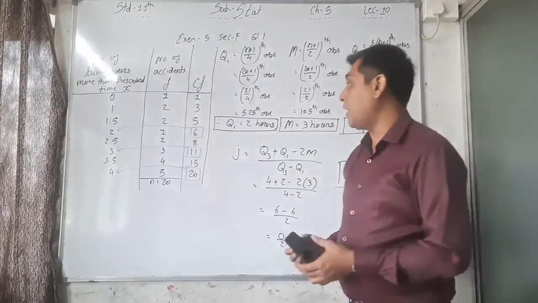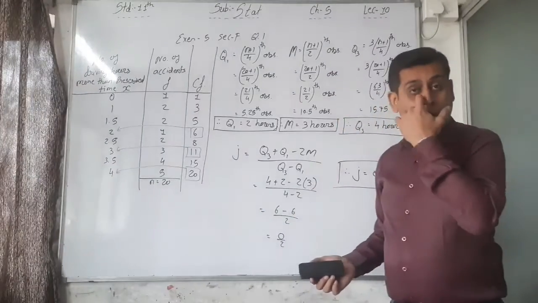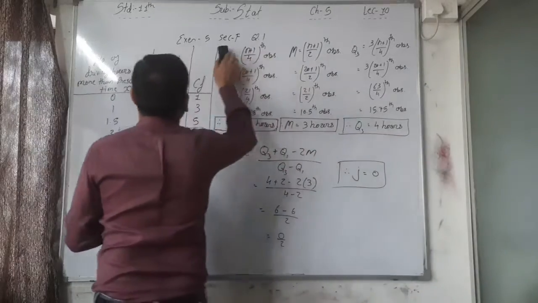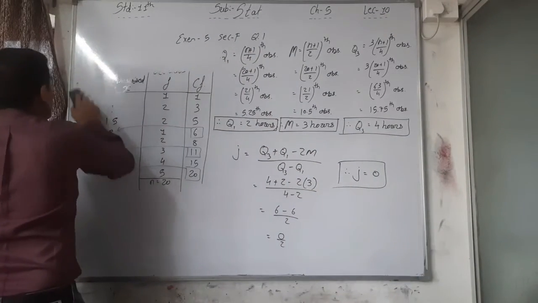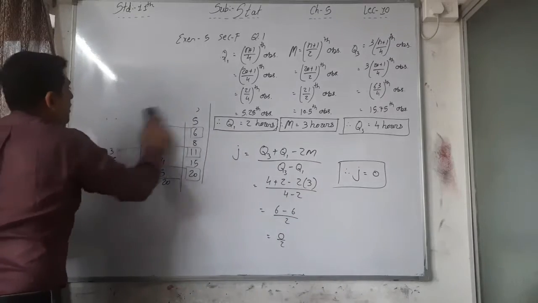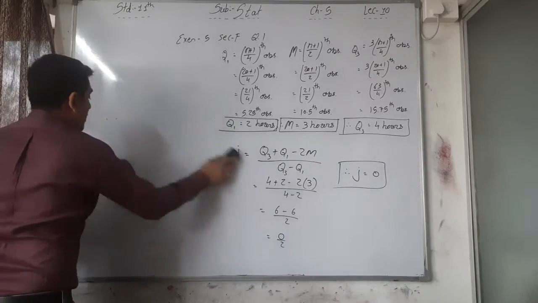But first we have to find the original class. How? That we are discussing. See that on the board, we already discussed this type of sum in chapter number 3.